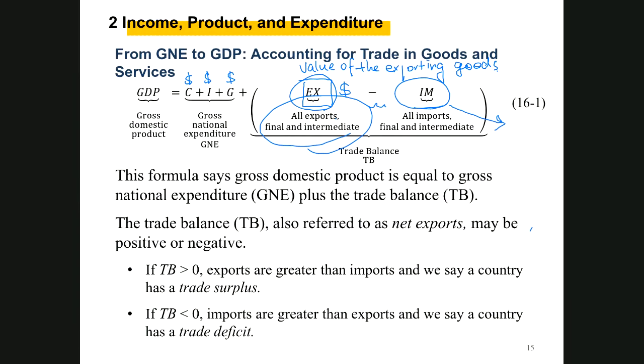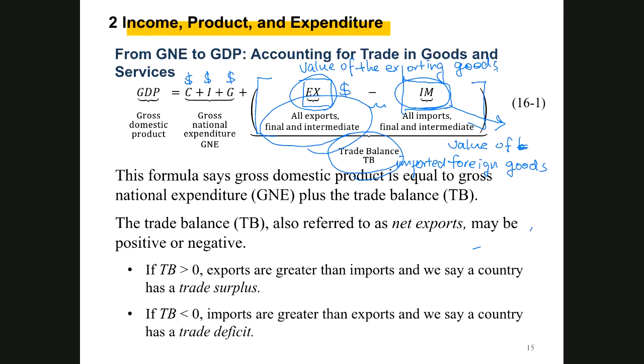So this is the payment that you pay to buy foreign goods, the value of imported foreign goods. The combination of those two terms, we call the trade balance.